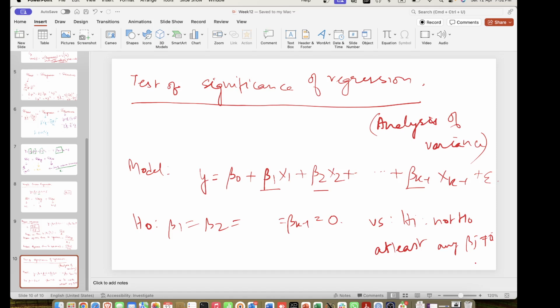So if at least even 1 is significant, then this hypothesis will be rejected. Okay, so this is the setup that we are working under, and we are going to test this using the ANOVA model that we have developed.